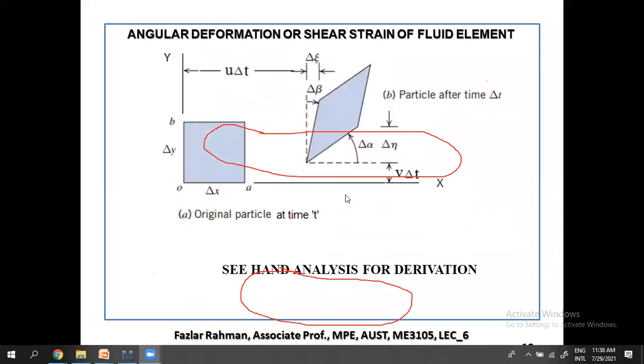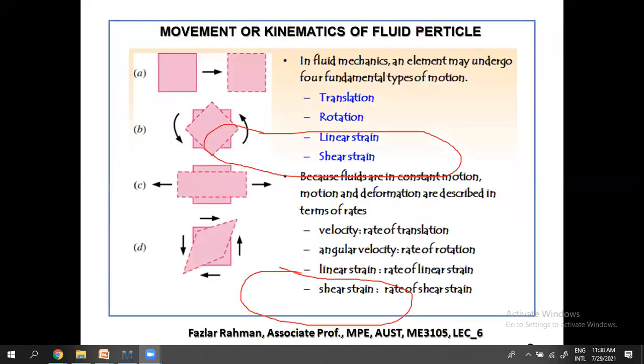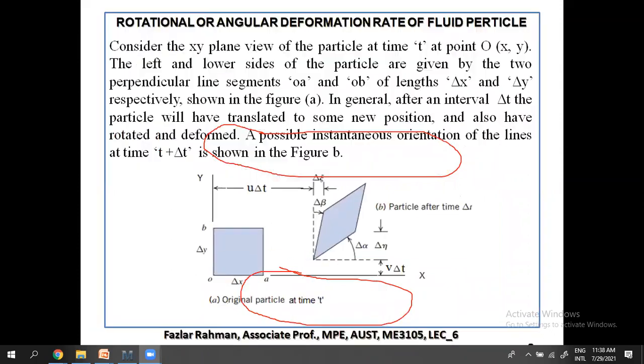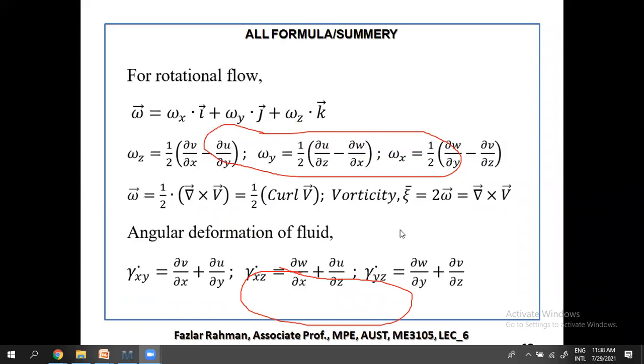But in the previous lecture, we derived the continuity equation. For incompressible flow, the continuity equation becomes like this one. If flow is incompressible, then del rho by del t equal to 0. And you have this one then.